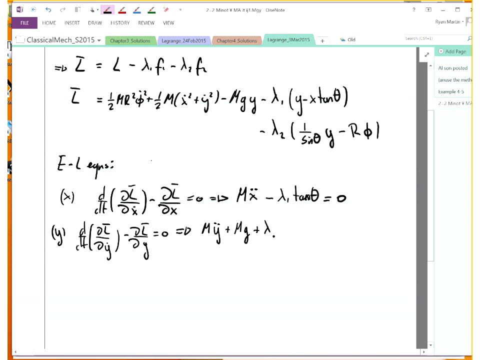So d by dy of that is minus lambda 1, and since it's minus ∂L̄/∂y, it's plus lambda 1. And then finally, in the last term, I have minus lambda 2 times 1 over sine theta times y. When I take that derivative, I end up with plus lambda 2 over sine theta, equals 0.